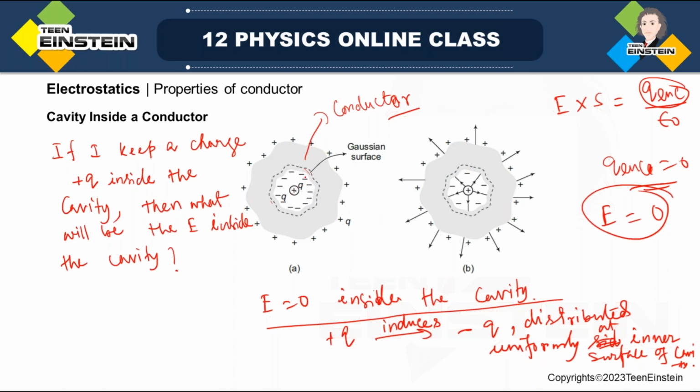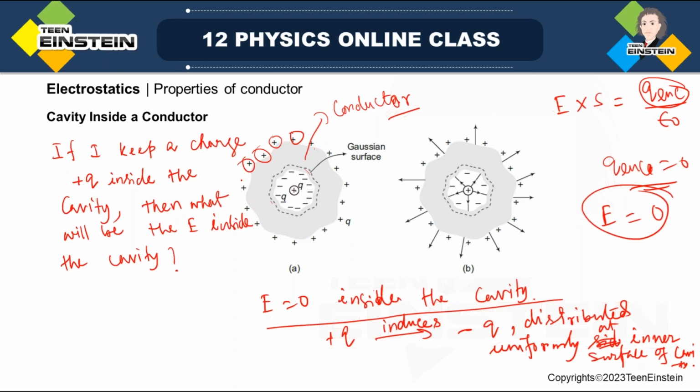When the inner surface of this cavity is induced by negative charges, these negative charges will in turn induce positive charges outside the cavity, on the surface of the conductor.